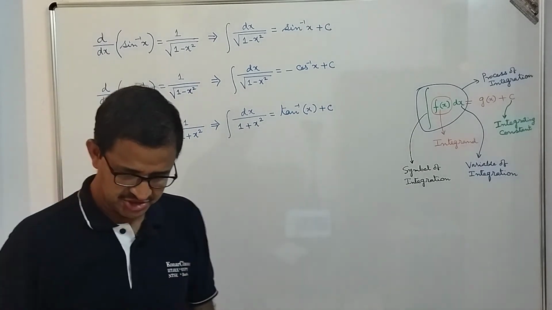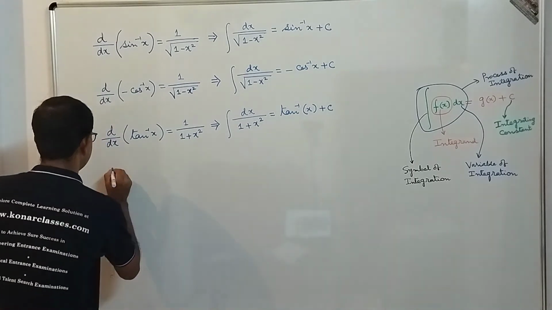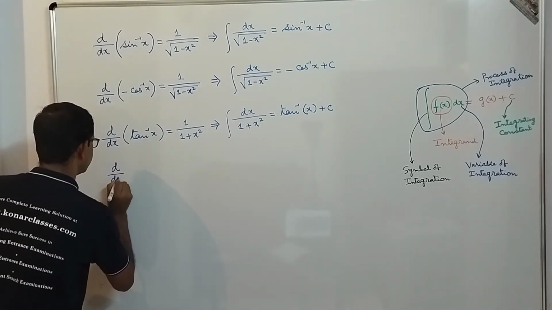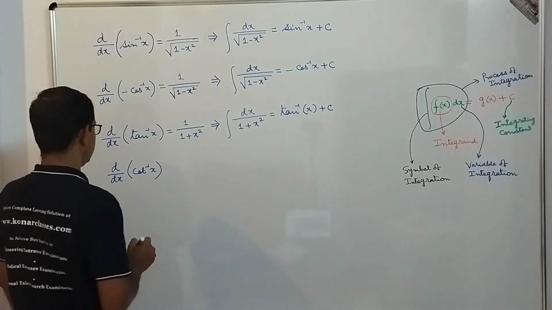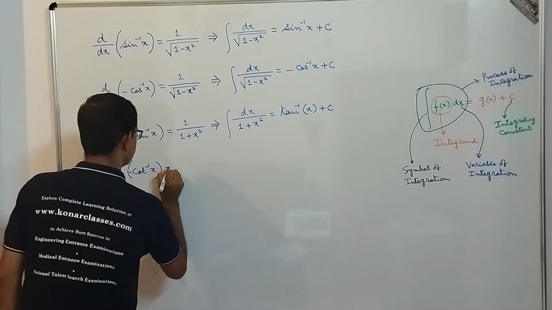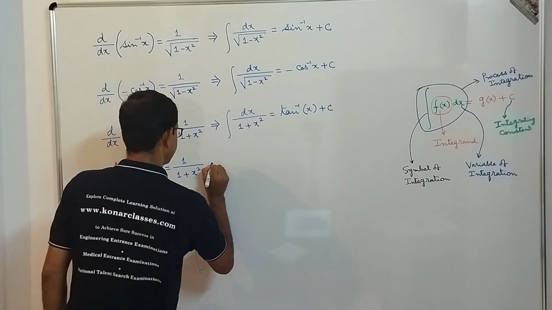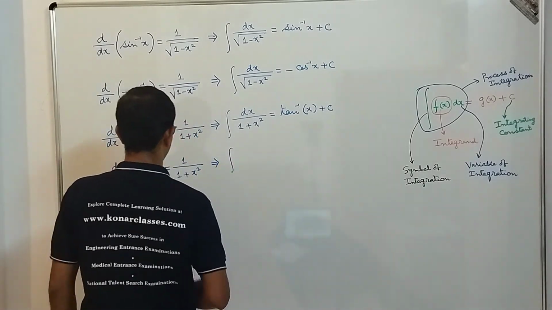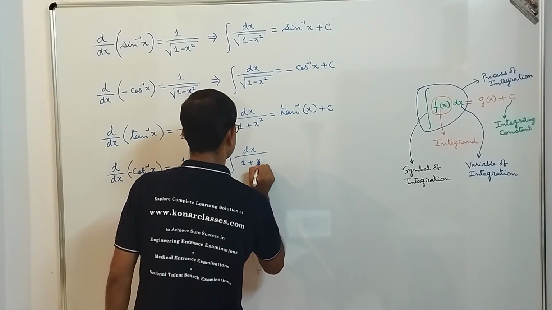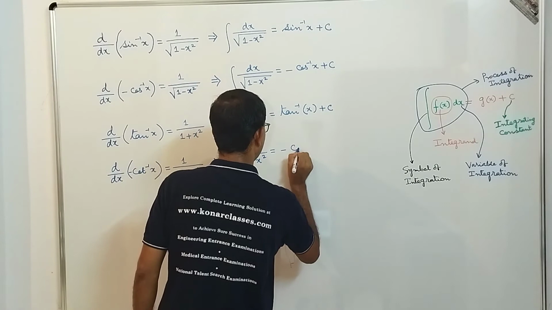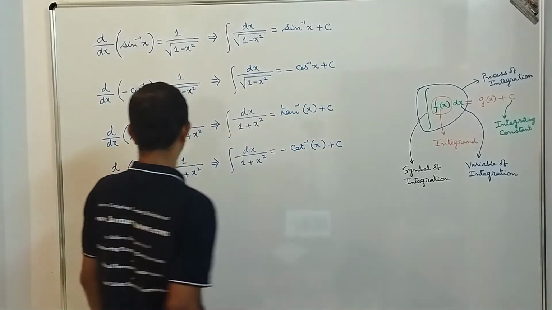The next one is that d/dx of minus cot inverse x is equal to 1 by 1 plus x square. This implies integration of dx divided by 1 plus x square is equal to minus cot inverse x plus c.